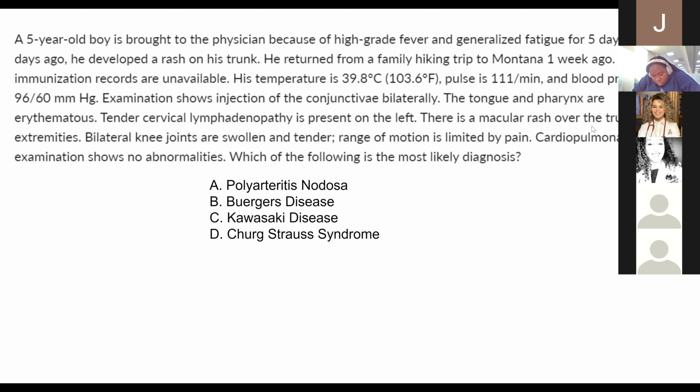Just like exactly what Brittany said, we have the high-grade fever, we have the rash on the trunk, and specifically later on they tell you it's a macular rash, huge buzzword. The tongue and pharynx are erythematous. That's telling you that most likely it's strawberry tongue. On the exam, I remember them describing more like red and stuff like that. But in general, the symptomology should really point you guys towards Kawasaki. So great job explaining this.